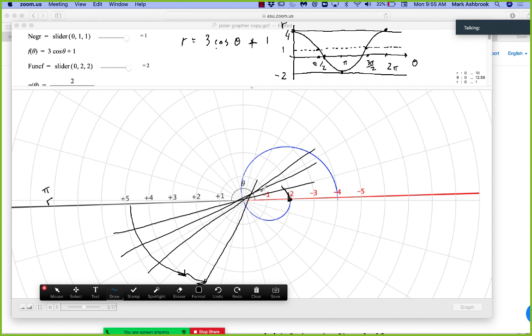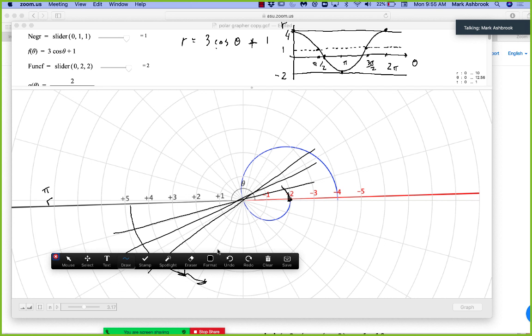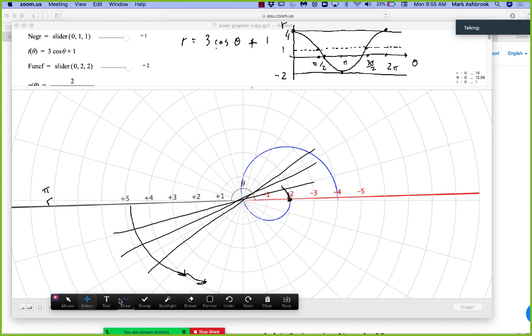We're going to hit 0. And so now it's increasing more rapidly, and then we're going to get to 0. At some angle measure shy of 3 pi over 2, we're going to be back at 0.